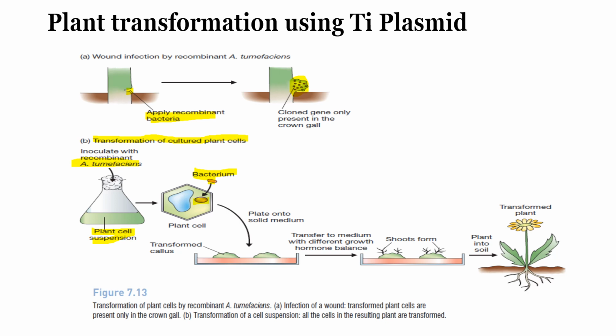Now, these are plated onto a solid selectable medium, which contains a selectable substance. For example, an antibiotic resistance gene or any selectable marker can be used over here, and as a result only the transformed cells will develop into callus.